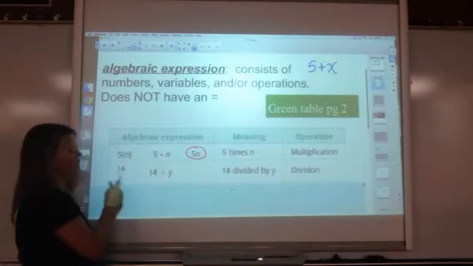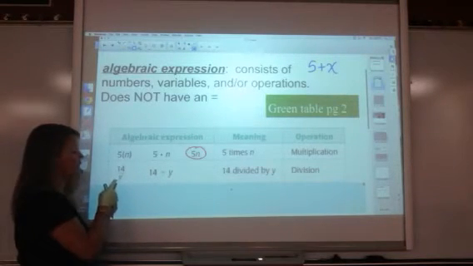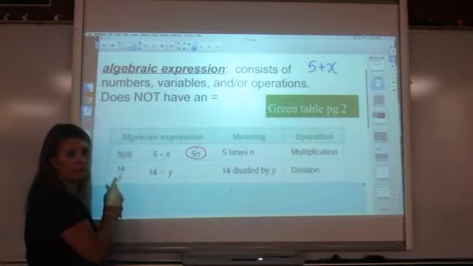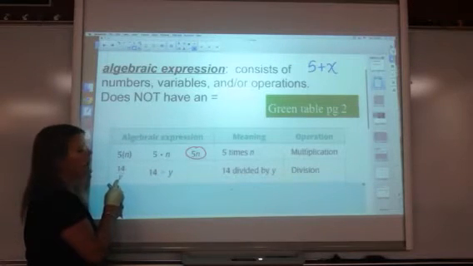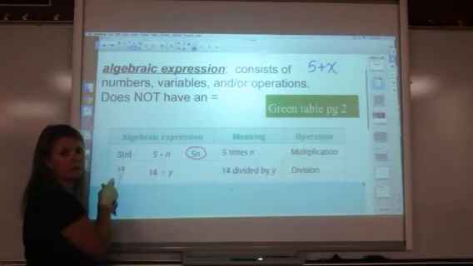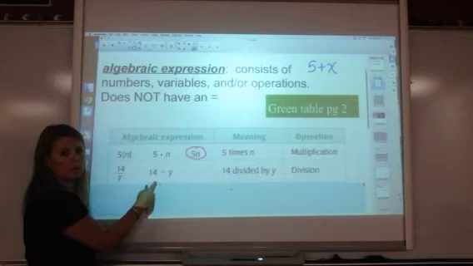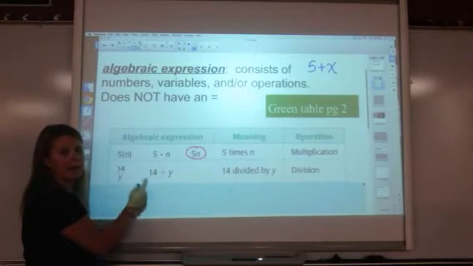Division. I know what that looks like to you. It looks like a fraction. You're going to freak out, like, oh no, I don't like fractions. I hate fractions. Fractions are our friends in math class, and it means the same. If you see a fraction, 14 over y, go ahead and write it as 14 divided by y if you like it better that way. I don't have a problem with that.